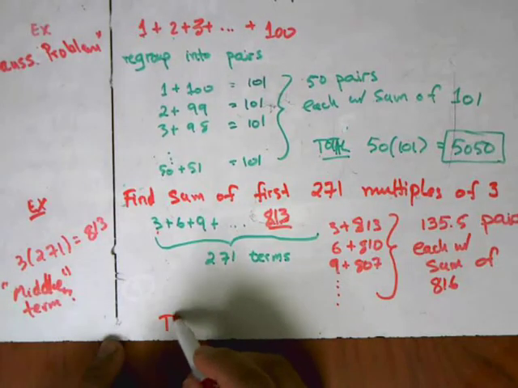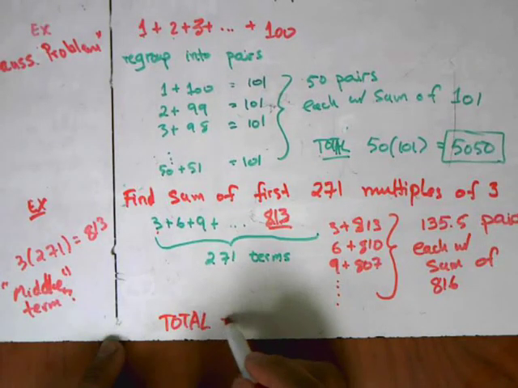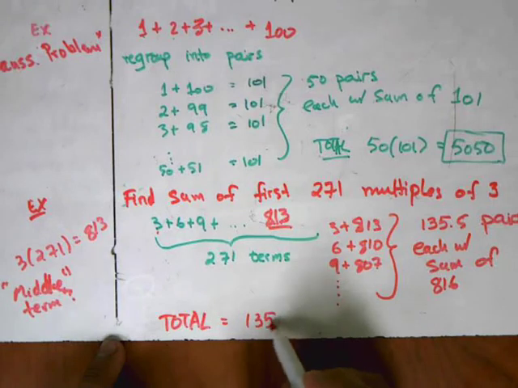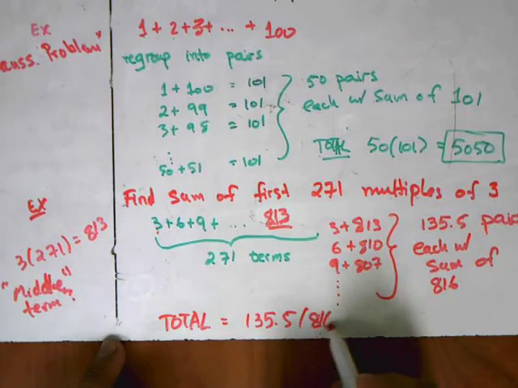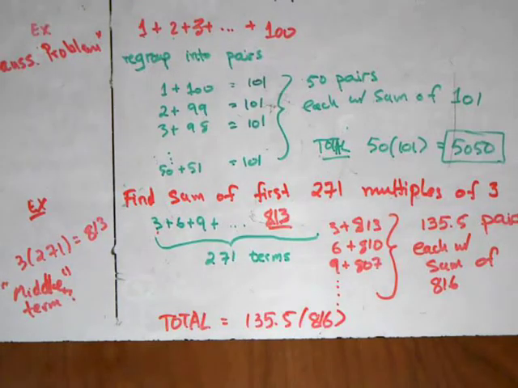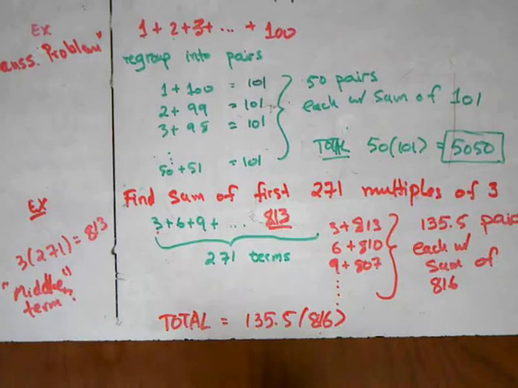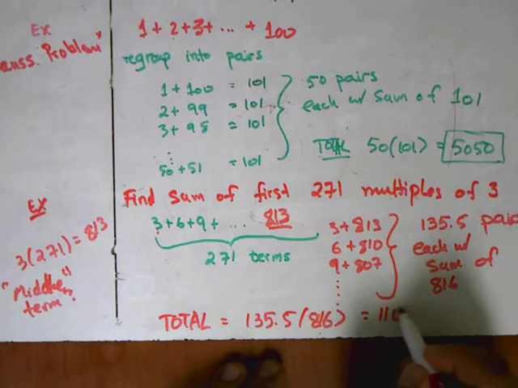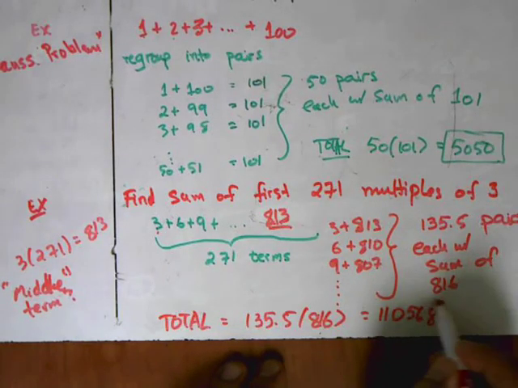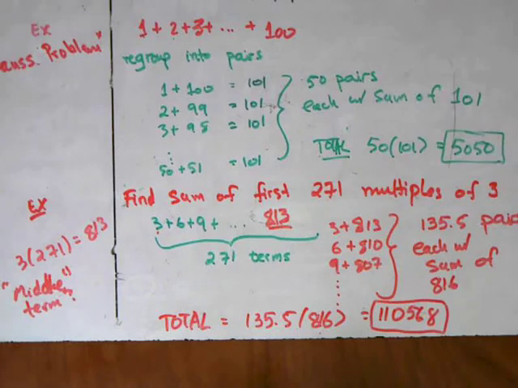So in total, we have 135.5 times 816. And that gives us 110,568. And so we see that this method that Gauss had when he was a young boy actually works quite well for other arithmetic series.